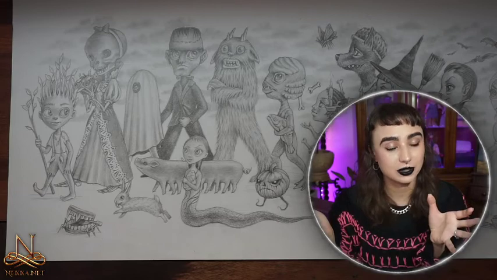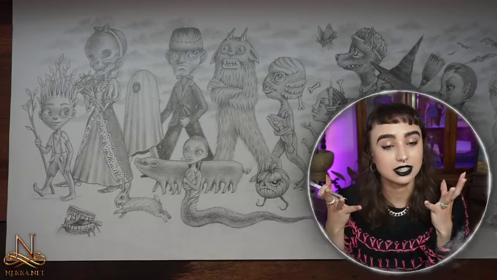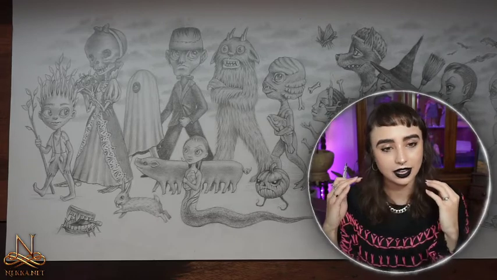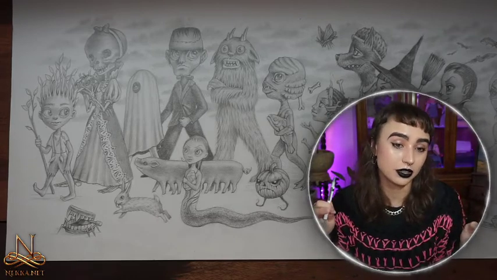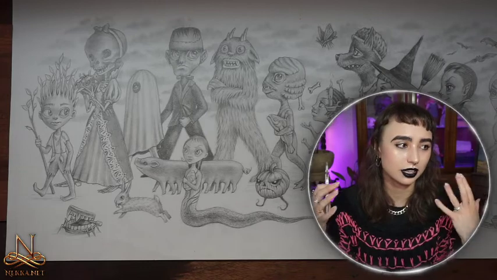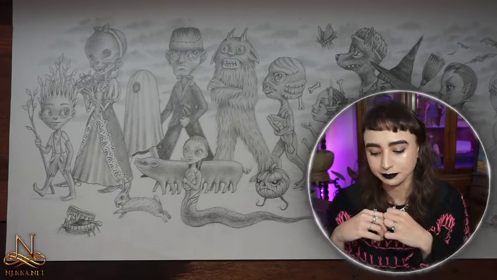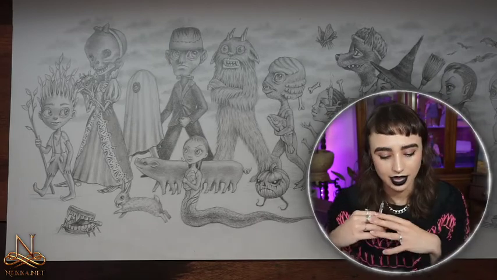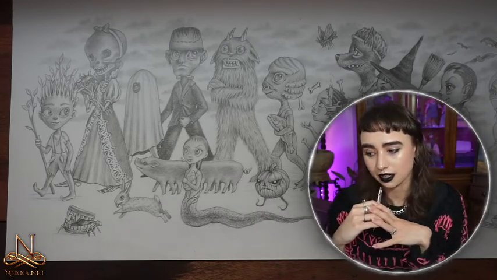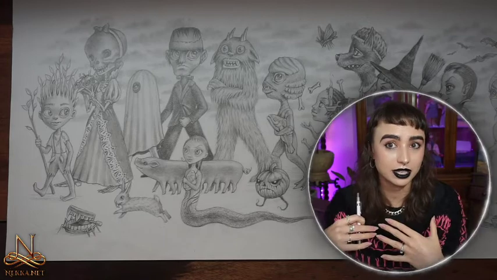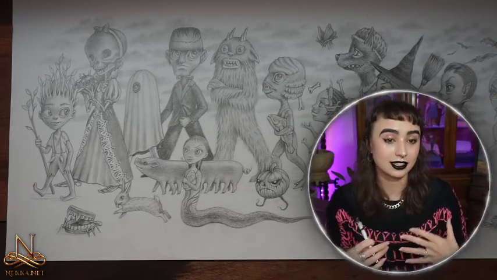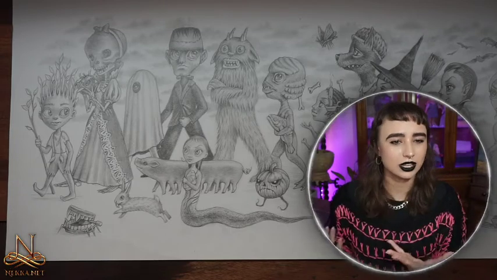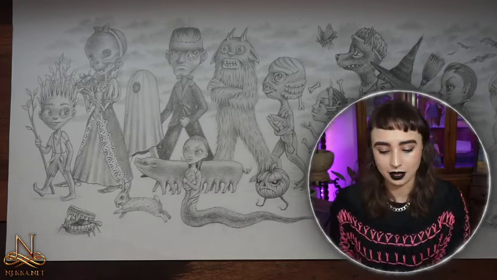You idolize certain people that you love the style of, and you don't like everything about their style, obviously. But you like parts of their style or parts of what they draw. And I think the whole idea of making your own art is basically making the art that nobody else is making that you want to see. At least that's how I try to approach it.